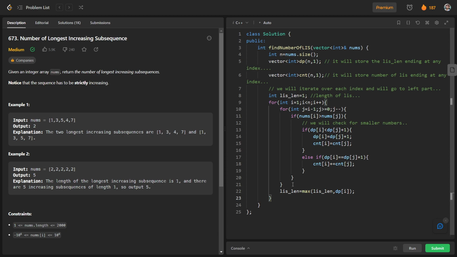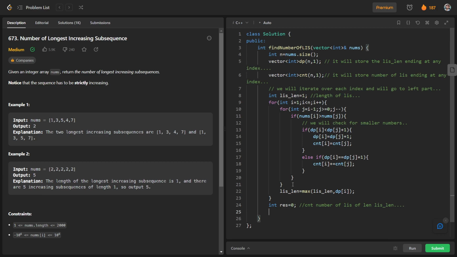In this way we will get our maximum length, and after that we are going to add all the lis of this length. So we will have our variable res, which will just count the number of lis of length lis length.